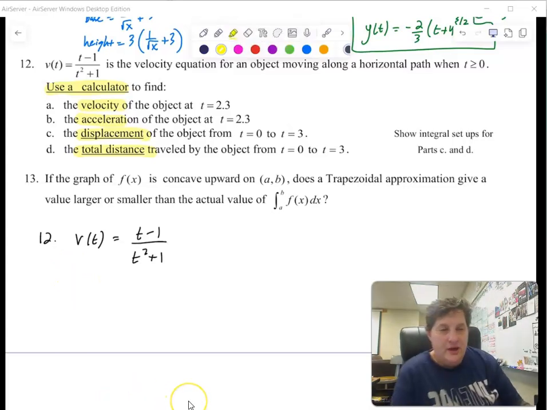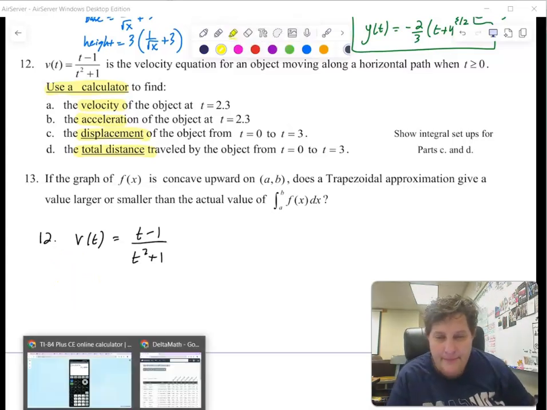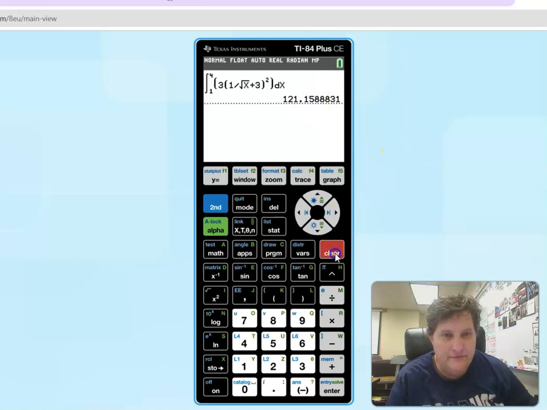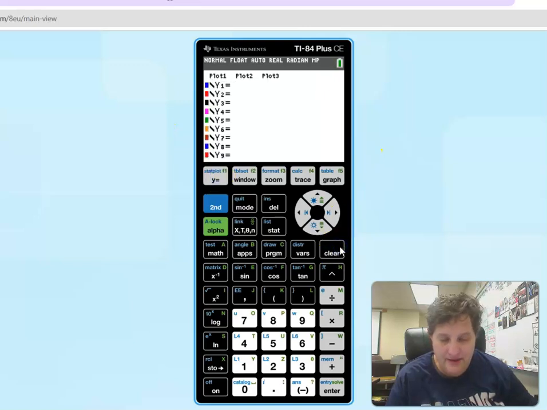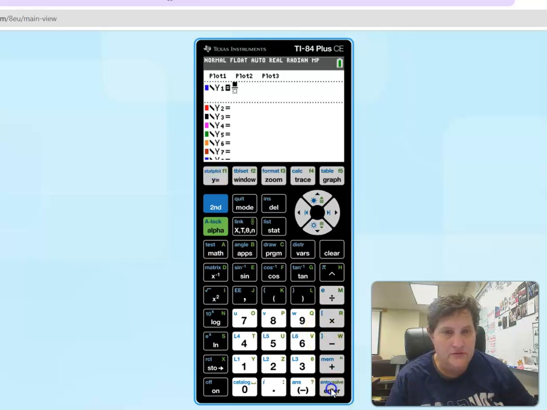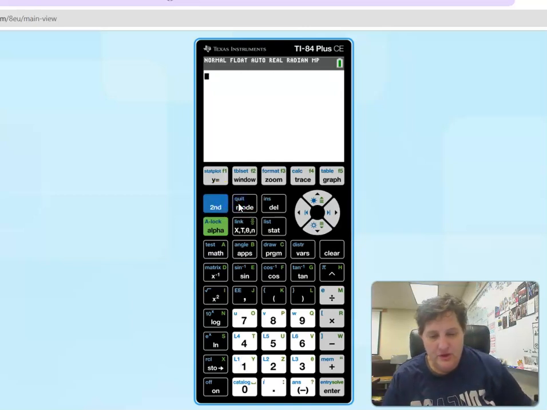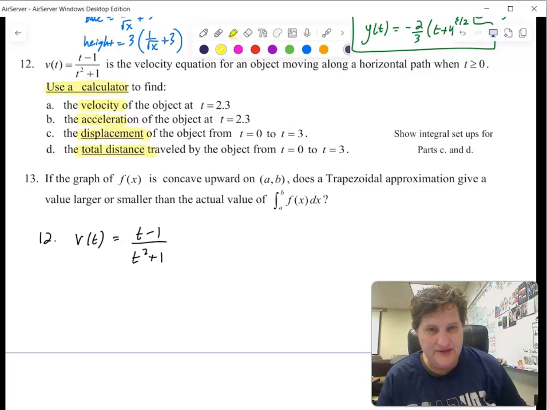All right, I'm going to go ahead and use my TI calculator. Okay, and I am going to put this equation in y1. To do that, I hit alpha y equals, to make it a fraction, and then it's x minus 1 over x squared plus 1. Okay, so the first thing asked me, find the velocity at 2.3.